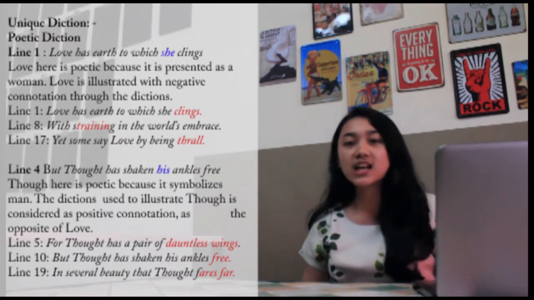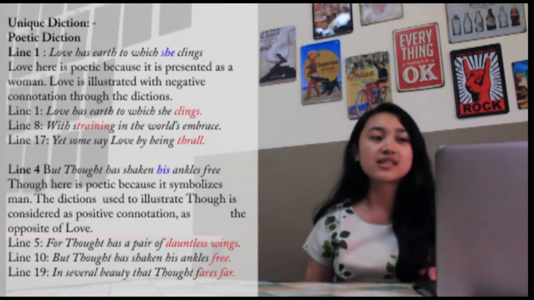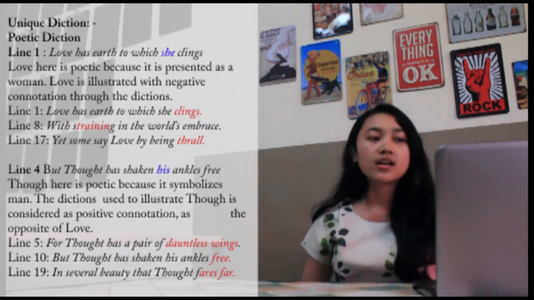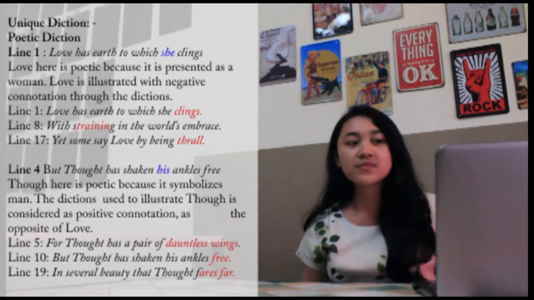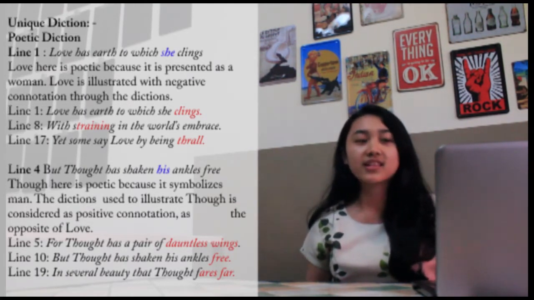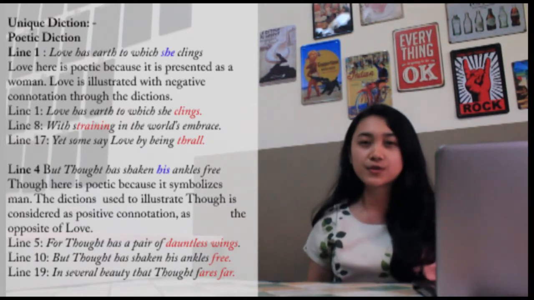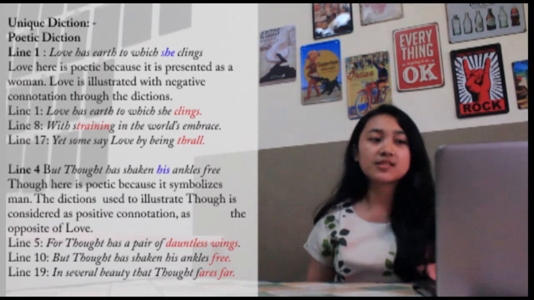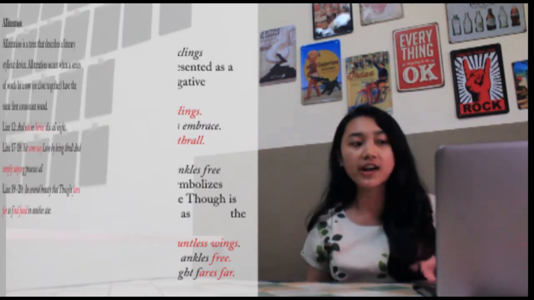And the thought itself we consider as a man, because in the fourth line, the writer says, but thought has shaken his ankle free. The pronoun his here refers to a man, who is considered to be thought itself. And the diction used to describe the thought is dauntless wings, free and also fair spark.